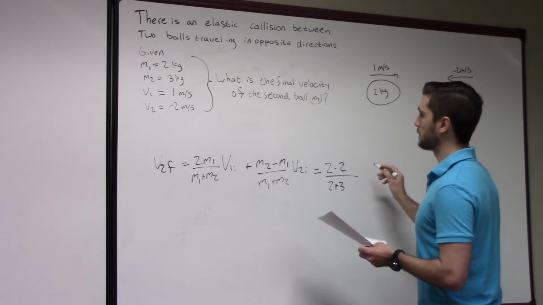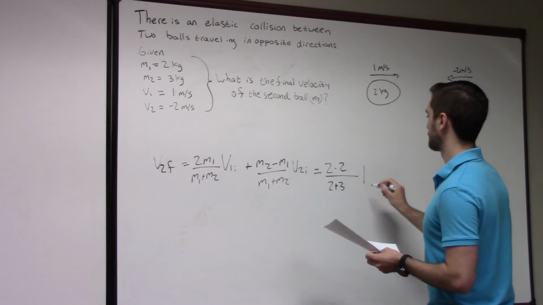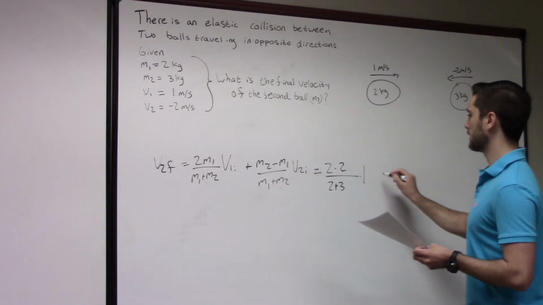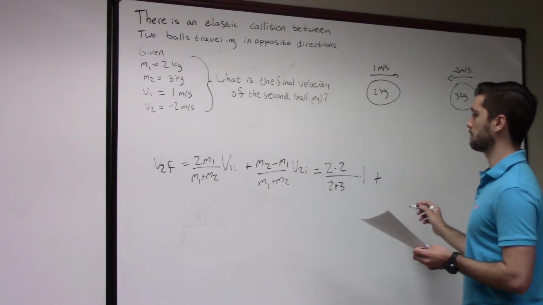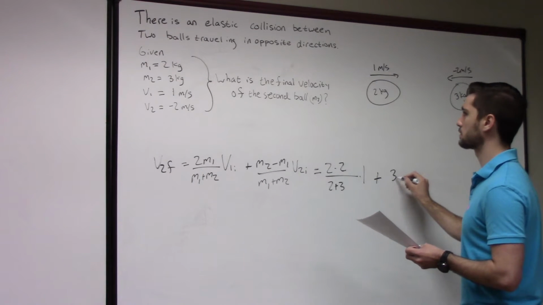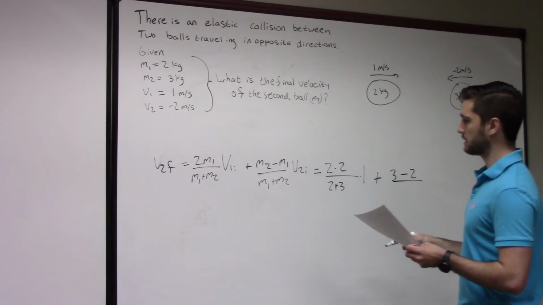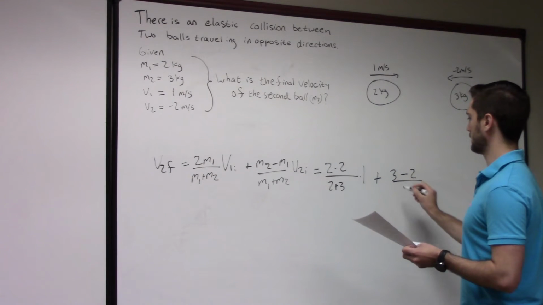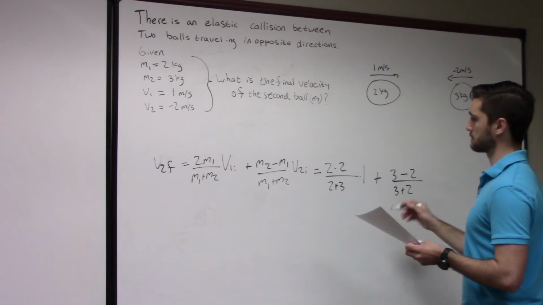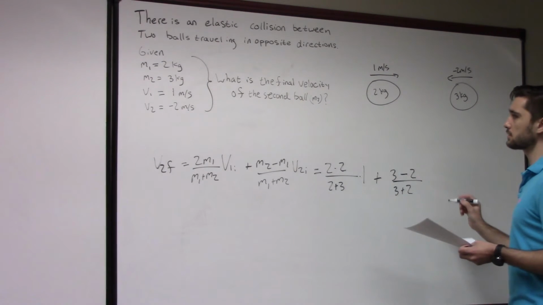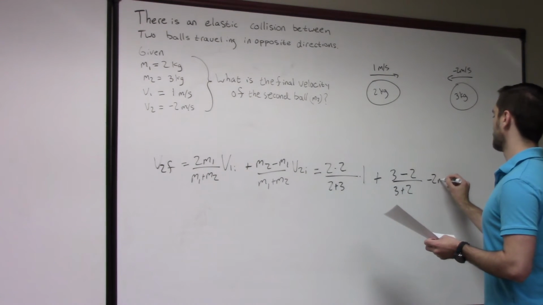Times velocity 1 initial, which is 1 meter per second, plus mass 2 minus mass 1, so mass 2 is 3 kilograms, minus mass 1, which is 2 kilograms, divided by mass 1 plus mass 2, so that's 3 plus 2, times velocity 2 initial. What's velocity 2 initial? It's negative 2 meters per second.